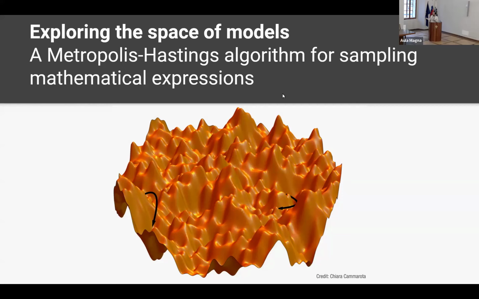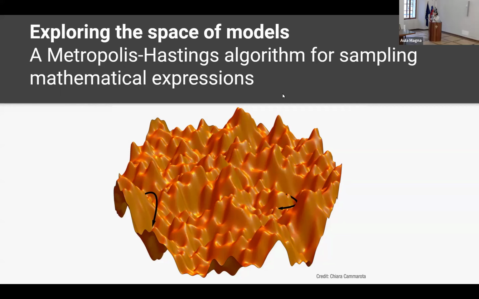You change your configuration a little bit and accept or reject depending on what happens to the energy. What we do here is exactly the same. You give me some data and some model, I change the model a little bit and look if the description length decreases or not. If it decreases, I accept, and if it doesn't decrease, I apply the Metropolis algorithm to decide whether to accept or not.